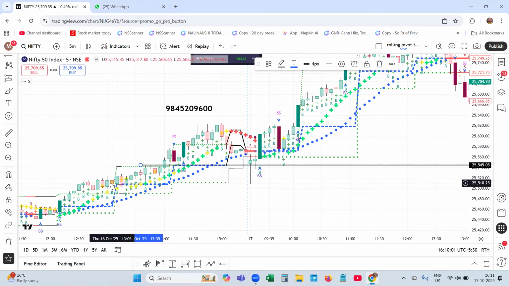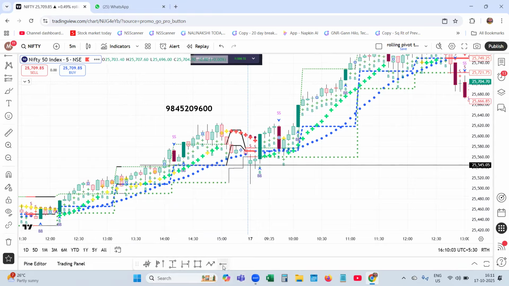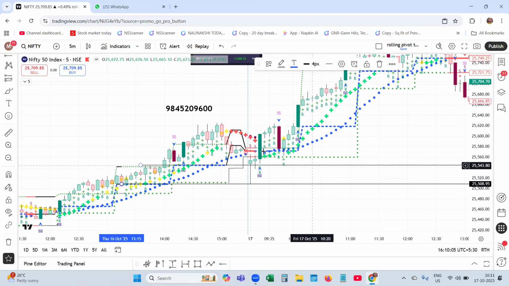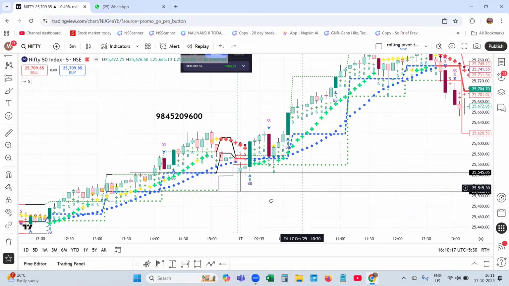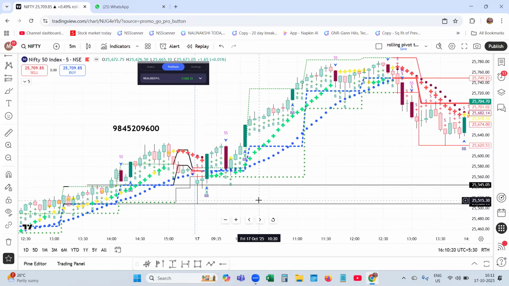The trend is intact, and this is a minor pullback down to this level, where the market took support at 25,508.